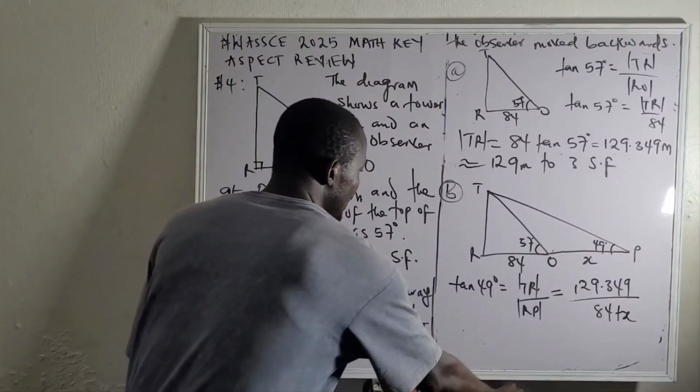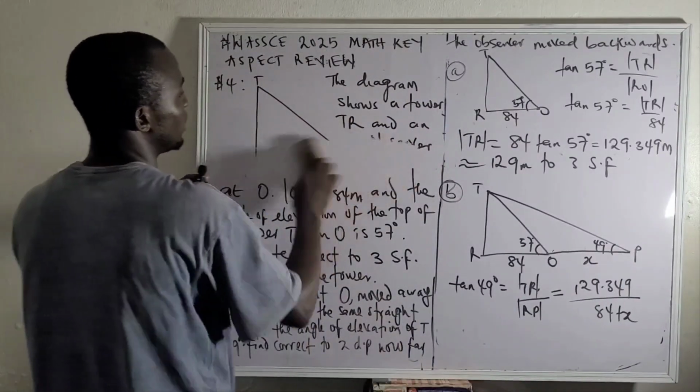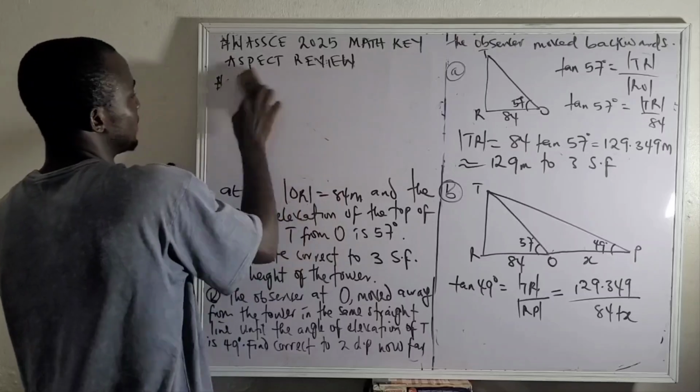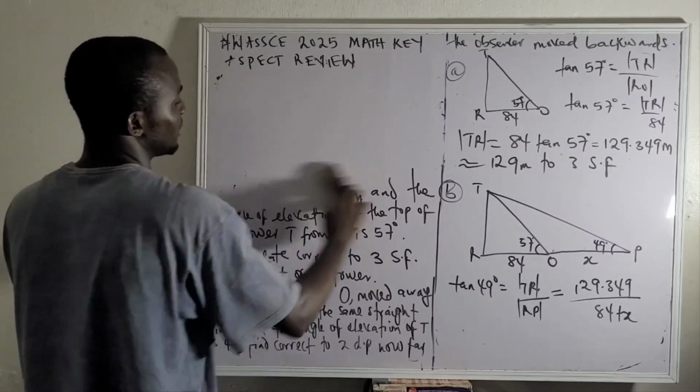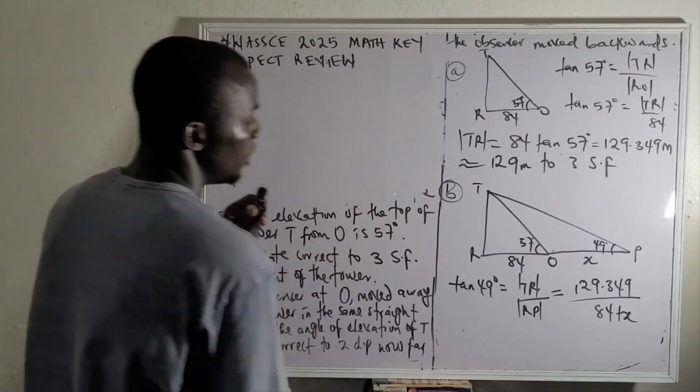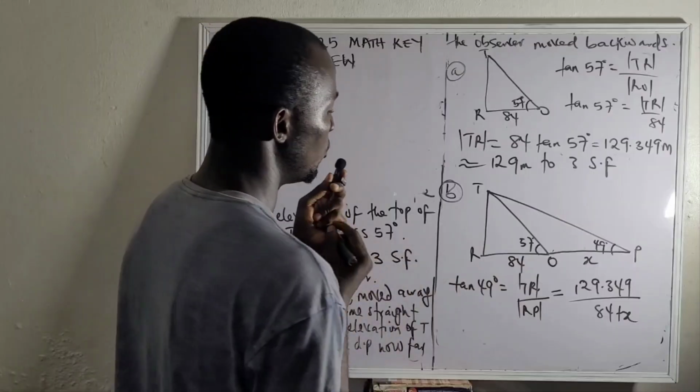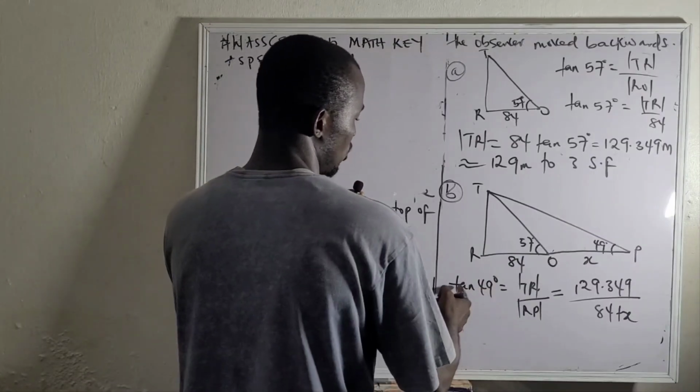Let me clean this part of the board so that I can write the other part. From here, we can cross multiply.